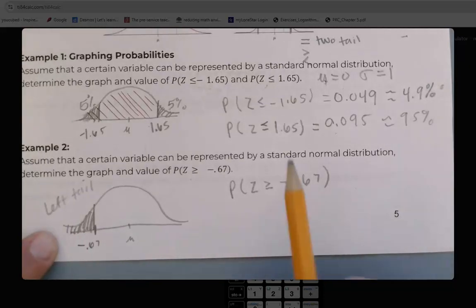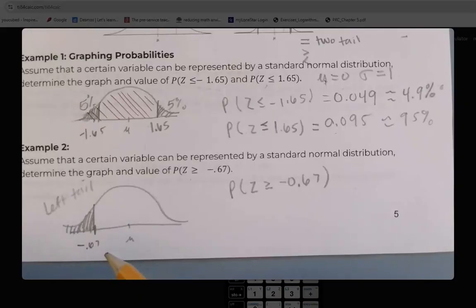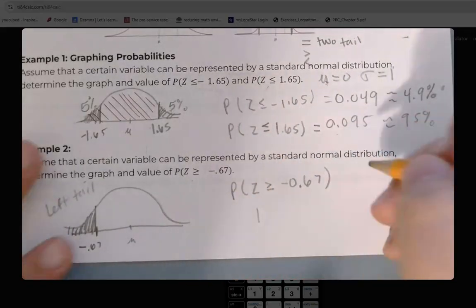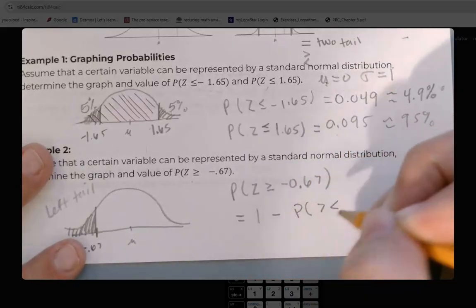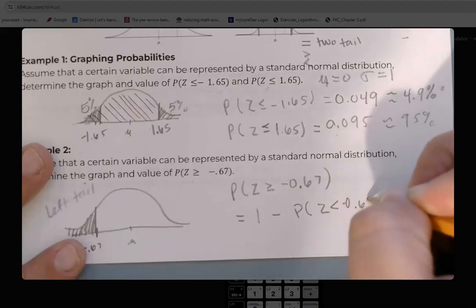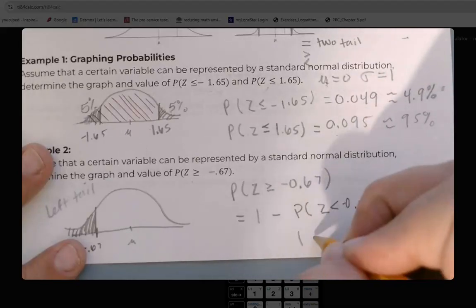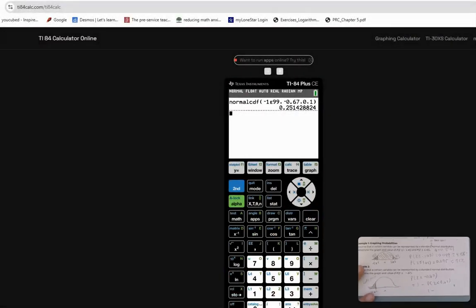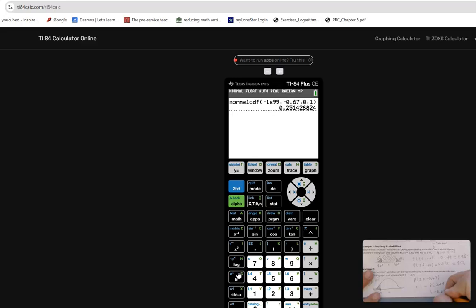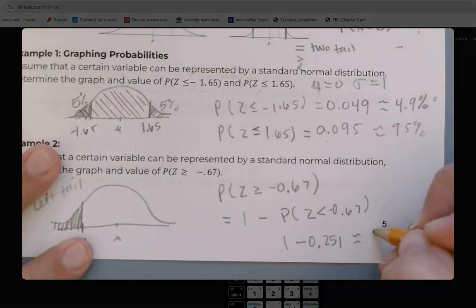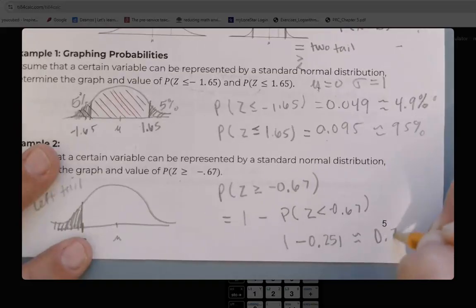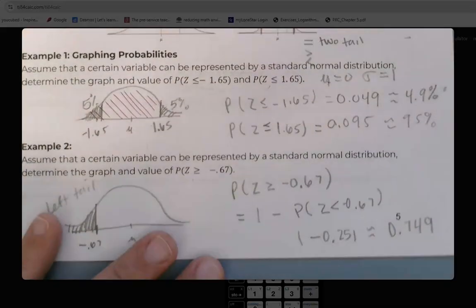So to get my answer, I could go back to the calculator and put negative 0.67 to positive infinity, or because we know that the area under the curve is 1, we could say this is equal to 1 minus the probability that z is less than negative 0.67, which gives us 1 minus our number of 0.251, which is approximately 75-ish%, or 0.749.